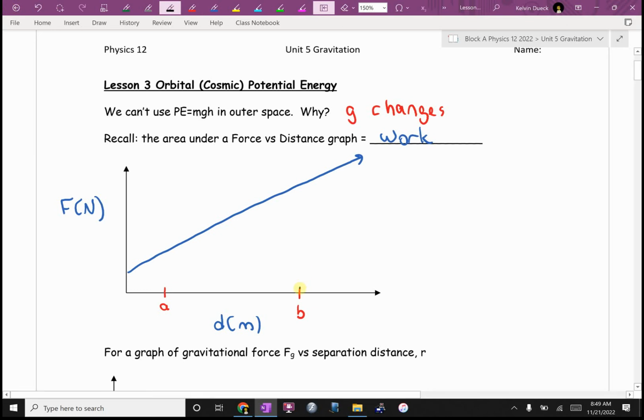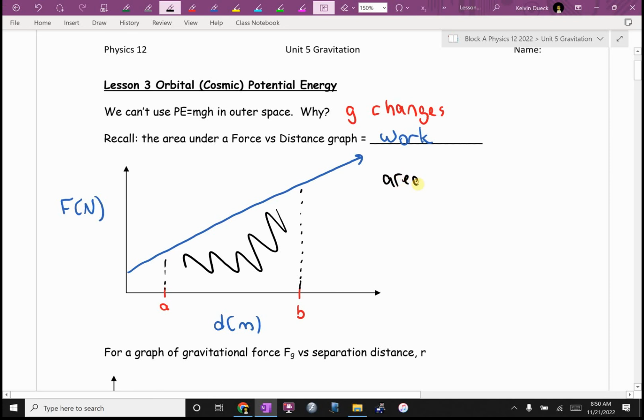And then we're going to draw in this area. We're not going to bother calculating it, but we want to talk about it. Because what I taught you a couple of units ago was, okay, that's work. I'm going to be more specific.